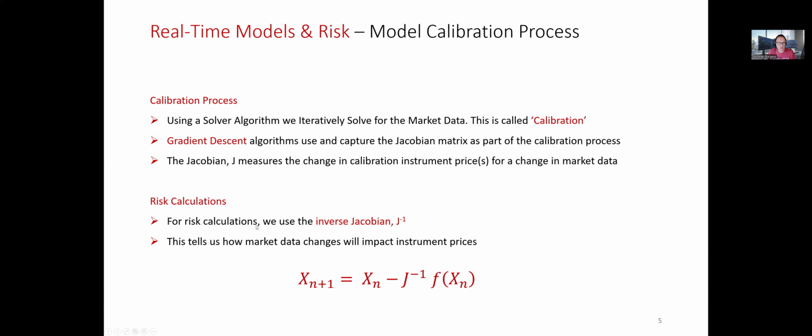For risk calculations, we don't use the Jacobian directly; we use the inverse Jacobian, which I denote here J minus one. This tells us how market data changes will impact instrument prices. And down below, we see the Newton-Raphson formula, and you can see the inverse Jacobian is part of that formula.